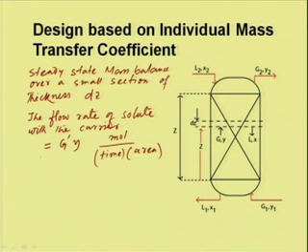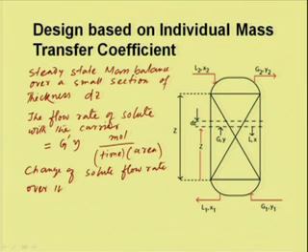Now, the change of solute flow rate over the section would be d of G dash y.